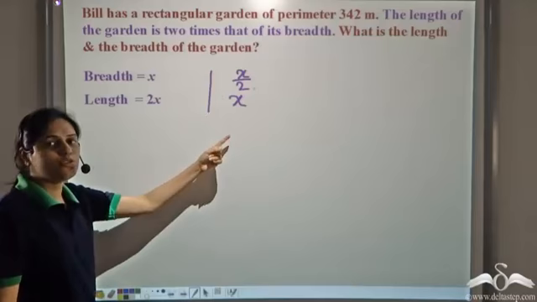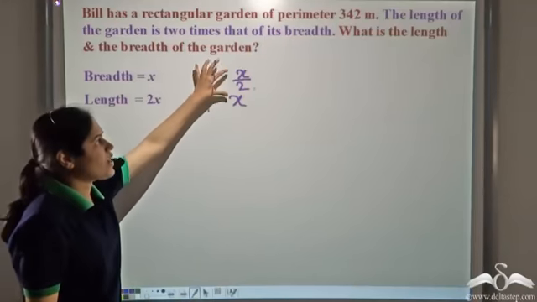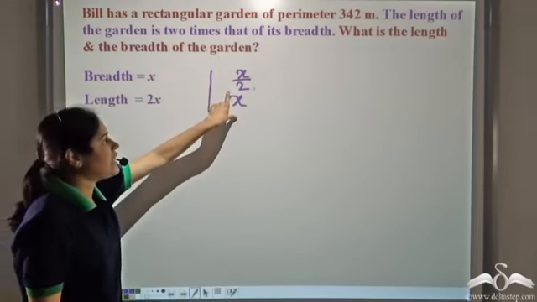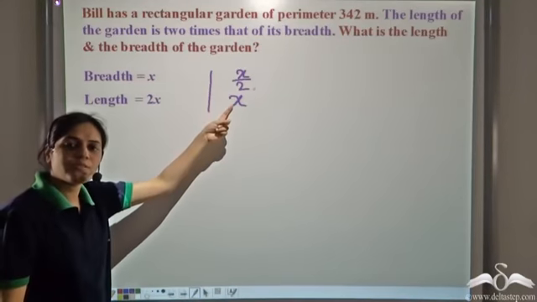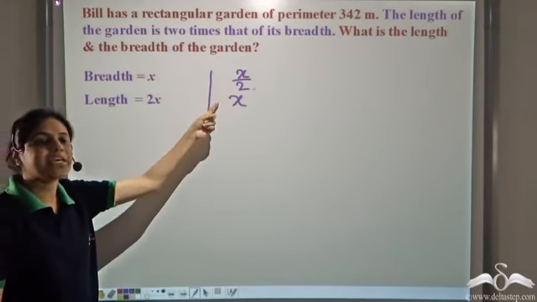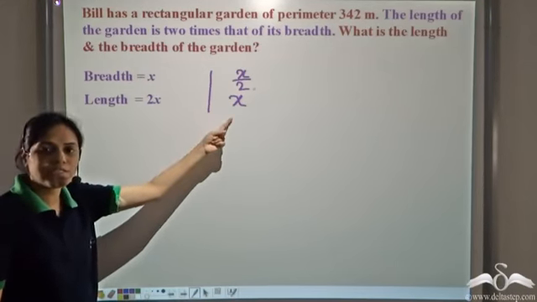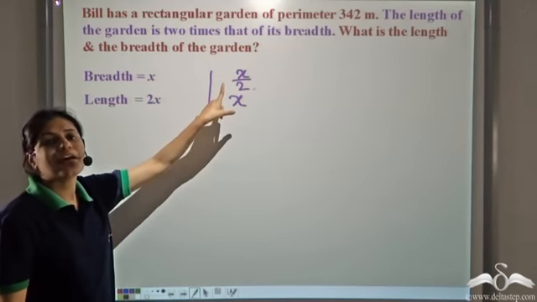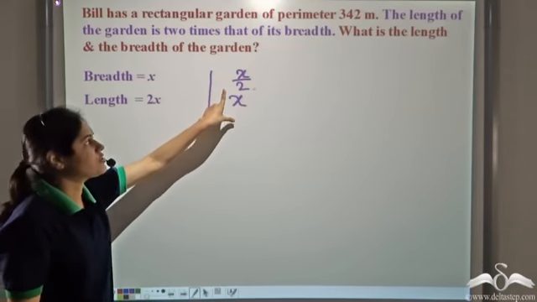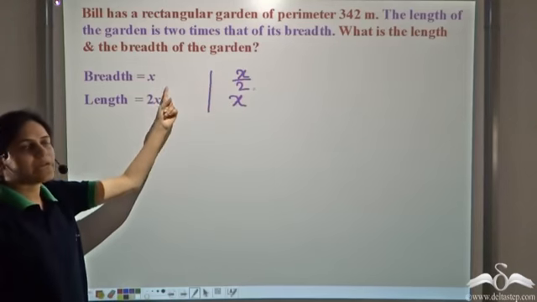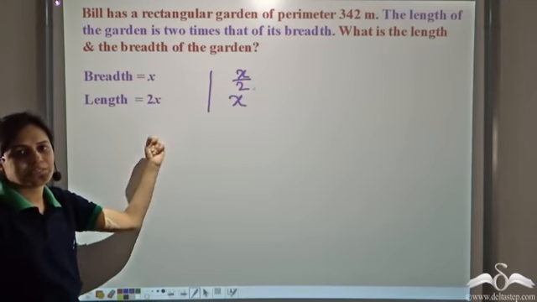And we can continue using these variables. So x by 2 for breadth and x for length. We can solve this problem using this. We'll get the same answer in both cases. But the only thing is that we avoid dealing with fractions. So we take breadth to be x and length to be 2x.